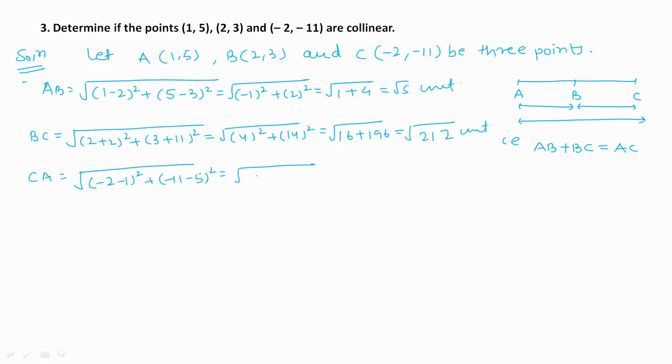This will be equal to (-3) whole square plus (-16) whole square. This will come out 9 plus the square of 16, which is 256, so this will be equal to 9 plus 256, which is 265.